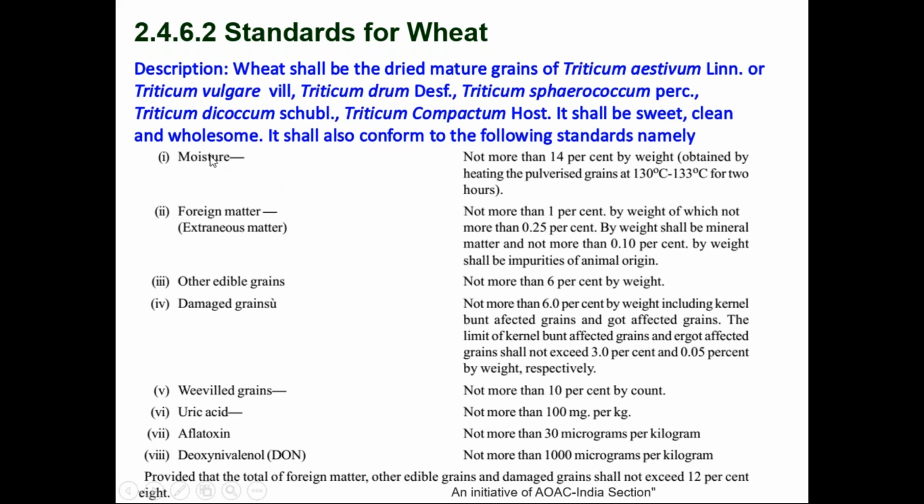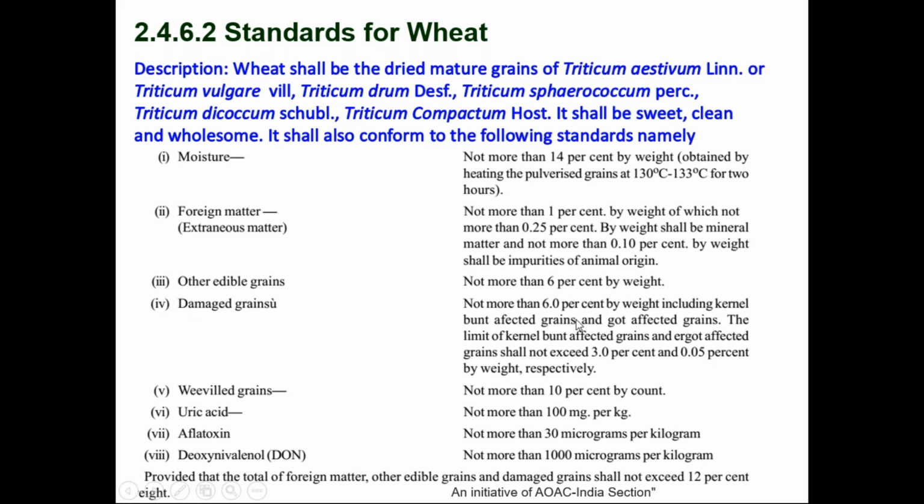So here it says moisture, not more than 14% by weight, when you do the moisture at 130 to 133 degrees. For foreign matter, the extraneous matter, it says not more than 1% by weight. Other edible grains, not more than 6% by weight.